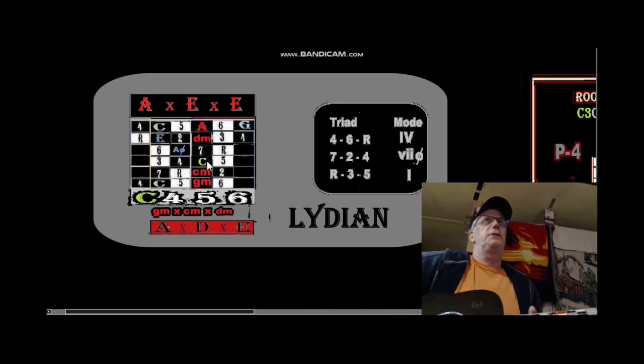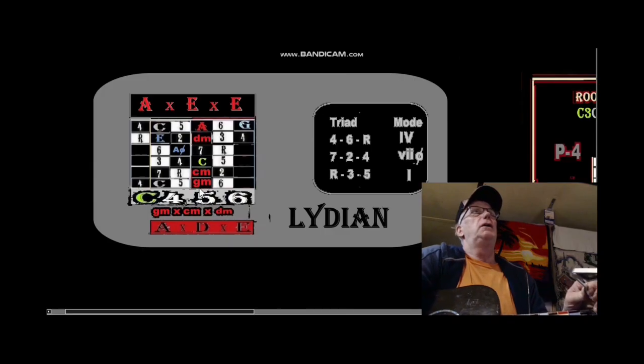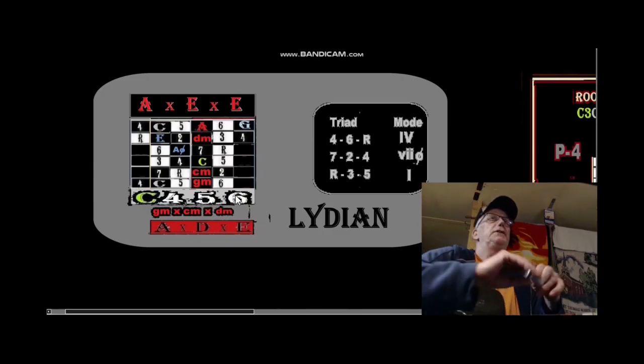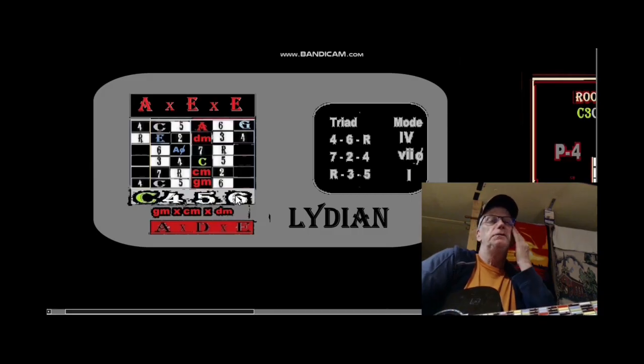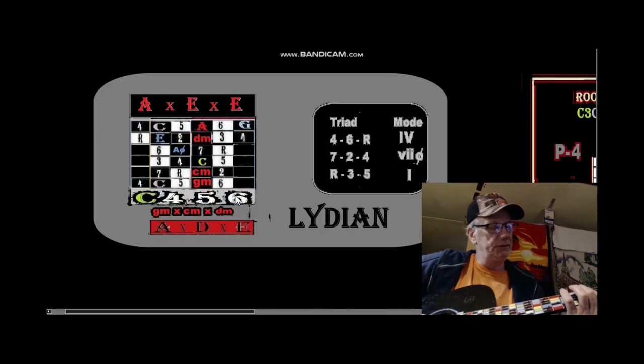What I was saying is we have an A shape. So remember, the long Lydian, short Lydian is in what cage? It's in the C cage. Because this is your C Phrygian scale.